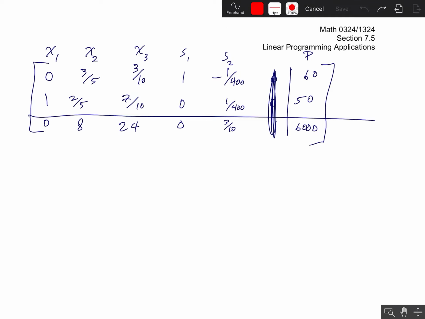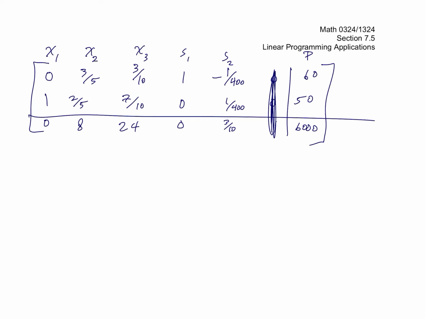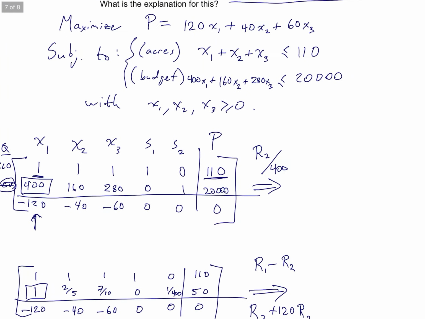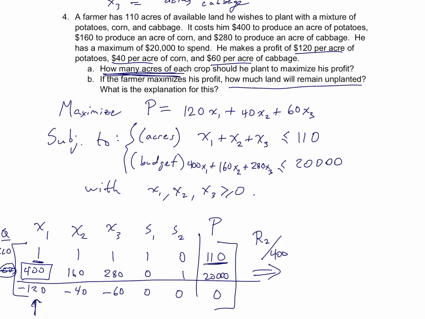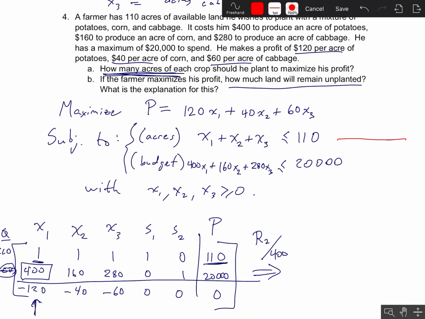So maybe let's first scroll up and see what it is that we actually needed to answer for parts A and B. So in part A, it just says how many acres of each crop should we plant. And then in part B, it says if we maximize profit, how much land would remain unplanted. So remember that the amount of land that would remain unplanted would be the amount of slack that we have in this first constraint.